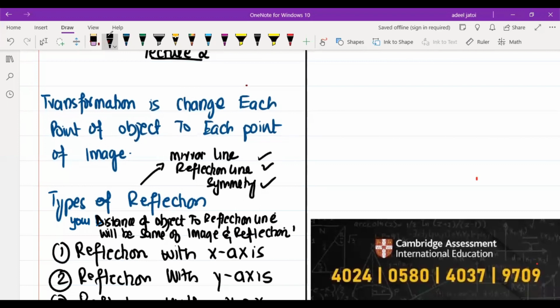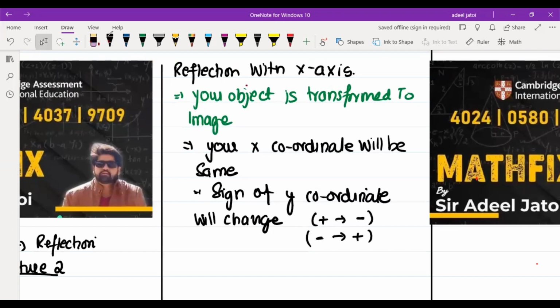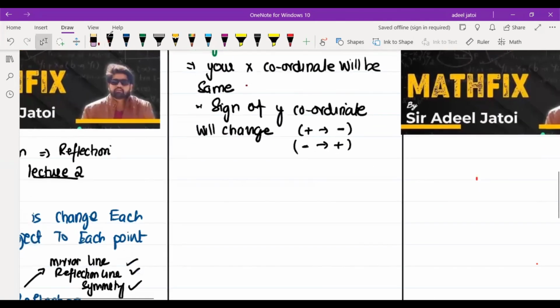That means the distance will be same for the object and the reflection line, and the image and the reflection line, but this will be in the opposite direction. Now, let's work through the x-axis. When we talk about reflection in the x-axis, your x coordinate is same, but the sign of the y will be changed. Let's continue this with an example question.